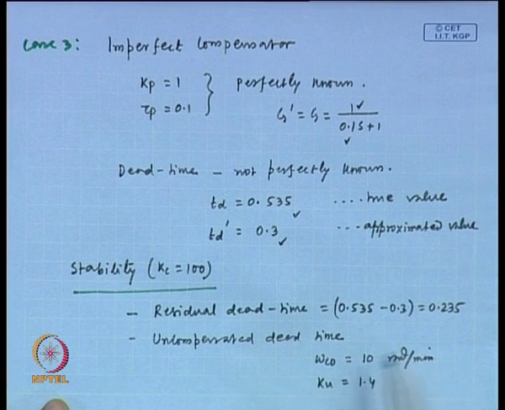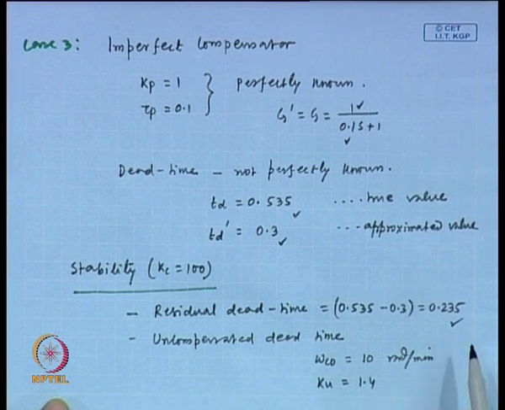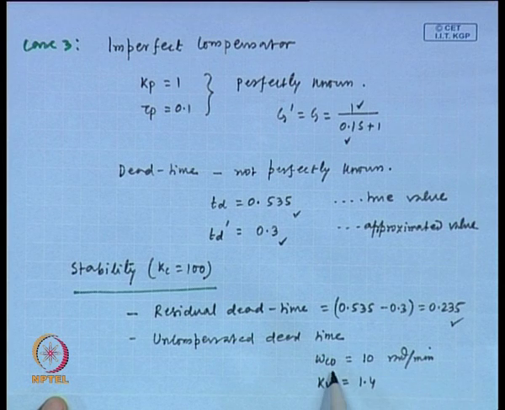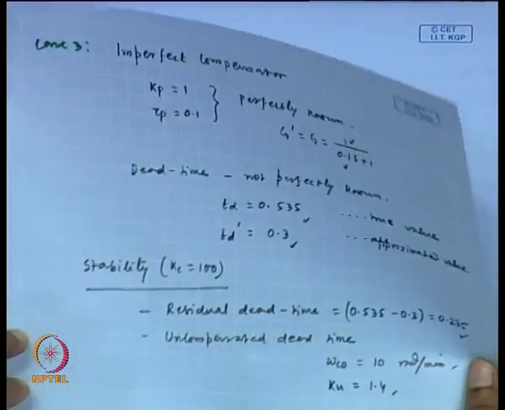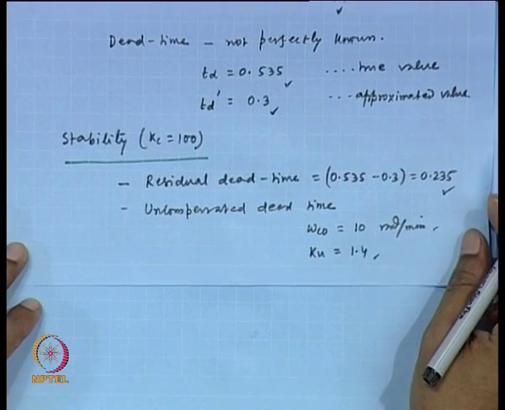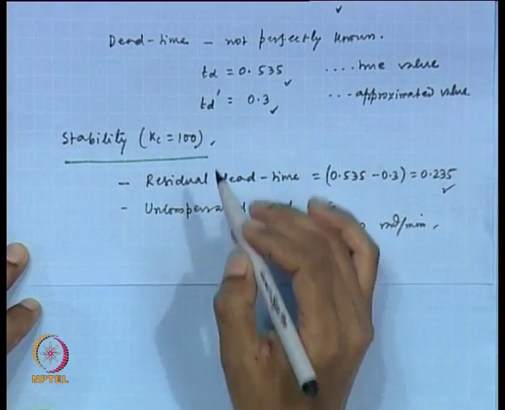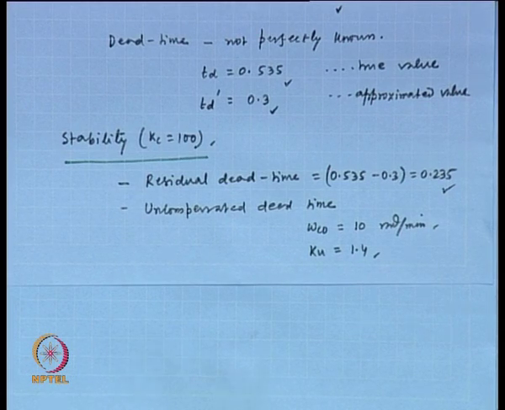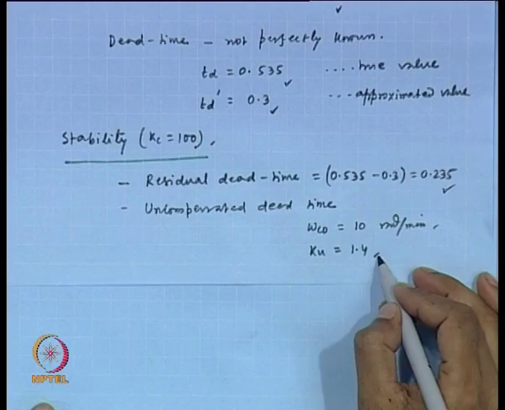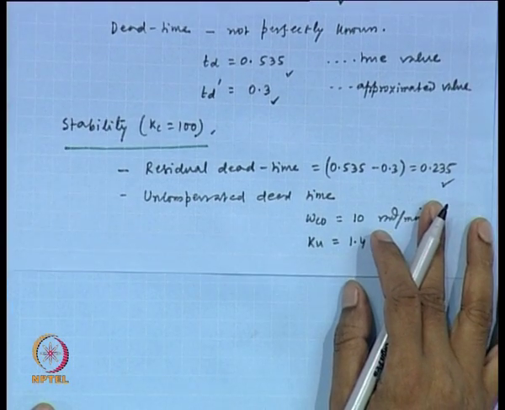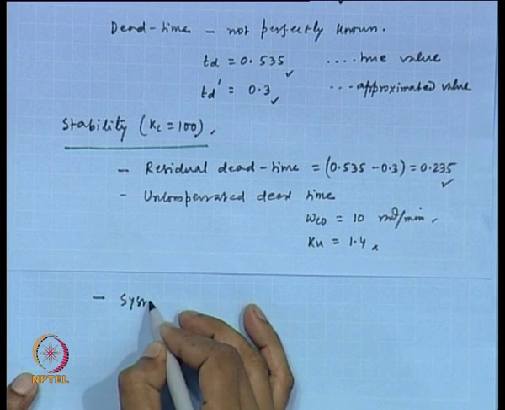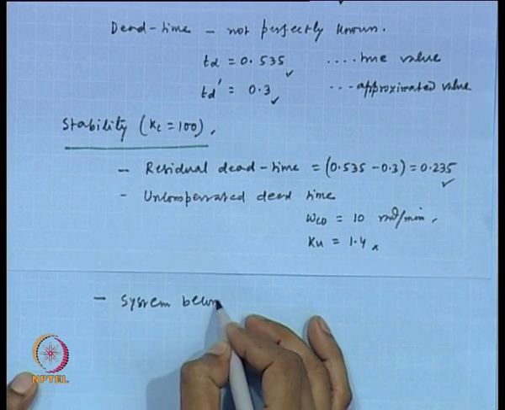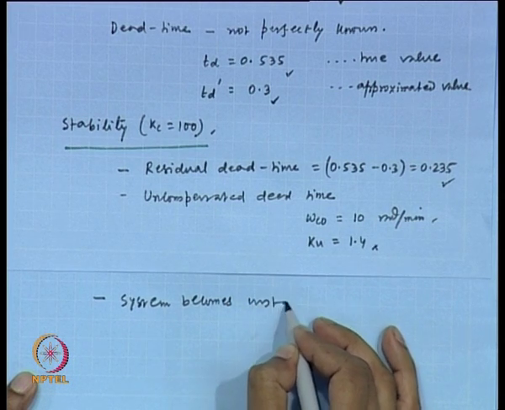For the dead time of 0.235, we obtain crossover frequency 10 radian per minute and ultimate gain 1.4. But what value of Kc are we using? Kc equal to 100, but the limit is up to 1.4. So, what about stability? System becomes unstable.